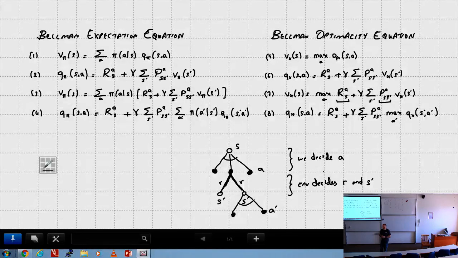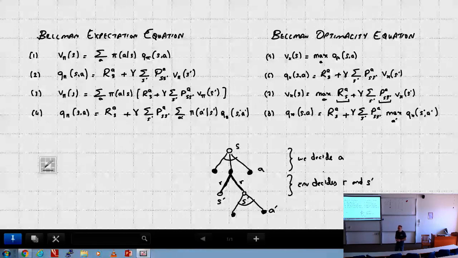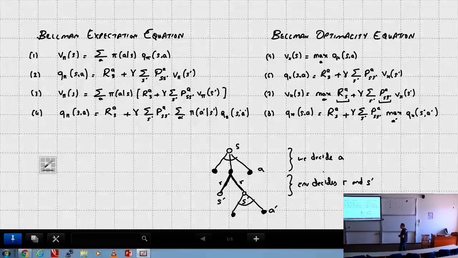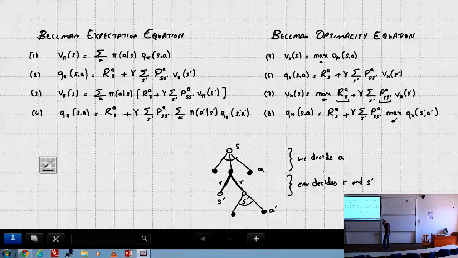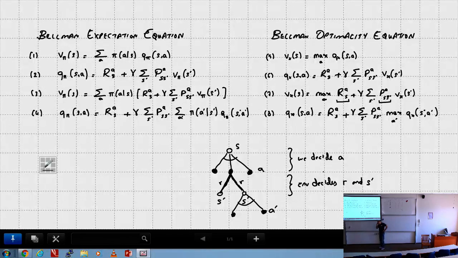And if you say the value of the current state should be equal to the maximum over the next reward and the state that you end up in, that's the Bellman optimality equation, which when you solve gives you the optimal values, and you can convert the optimal values into an optimal policy.